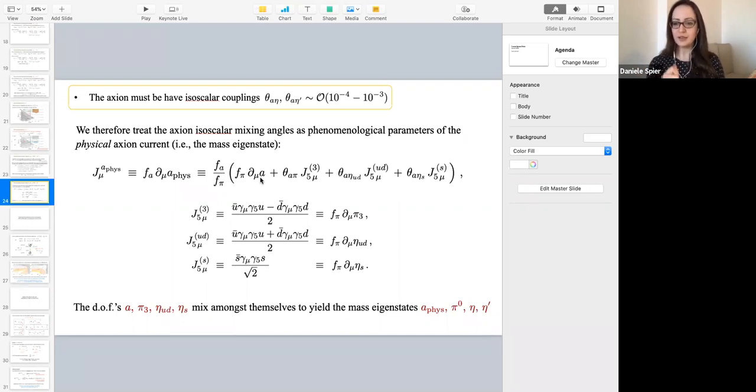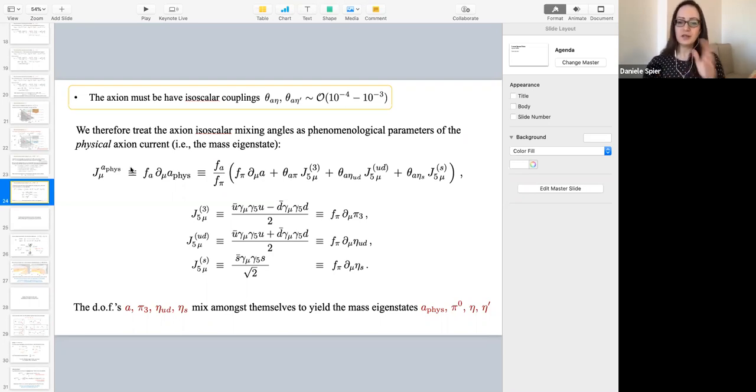If you do this, you're doing it incorrectly. The right way to compute, for example, the axion rate to gamma gamma is to look at the electromagnetic anomaly of this current, which is the physical axion current. This is important because the numerical answers you get, if you do it the wrong way or the right way, are widely discrepant. So you'd better know that you're doing the right thing.